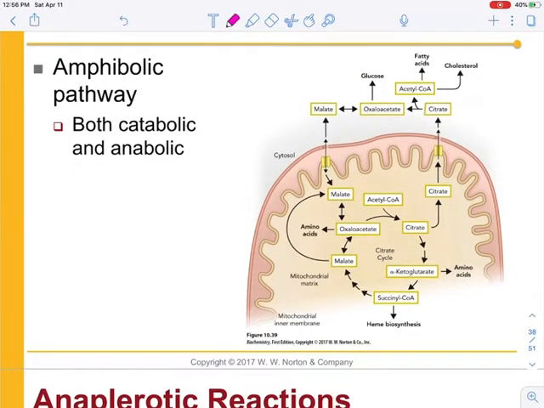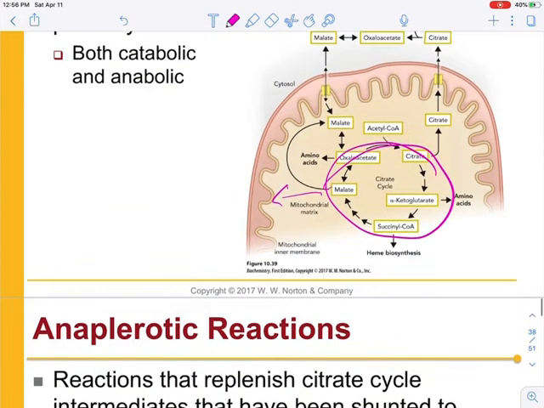And we won't talk about anabolic pathways, but there are ways to get, and I think I mentioned this before, from the citric acid cycle, we can get into all the other biological macromolecules. When you do that, so amino acids, heme, fats, the first thing that happens is that the cell restores the steady state concentrations of the citric acid cycle.